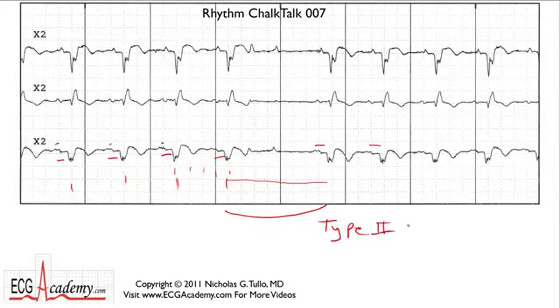Type 2 second degree AV block, like Mobitz 2 block, because you have a fixed PR interval, you have a P wave that fails to conduct. The R to R is exactly the same as 2 times the previous R to R, so it all fits, right? So, geez, I should have labeled this basic.